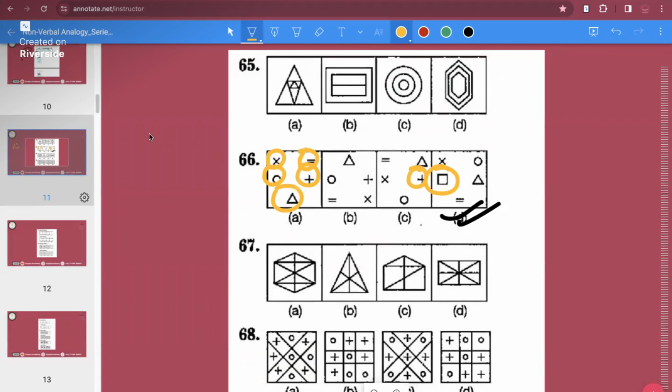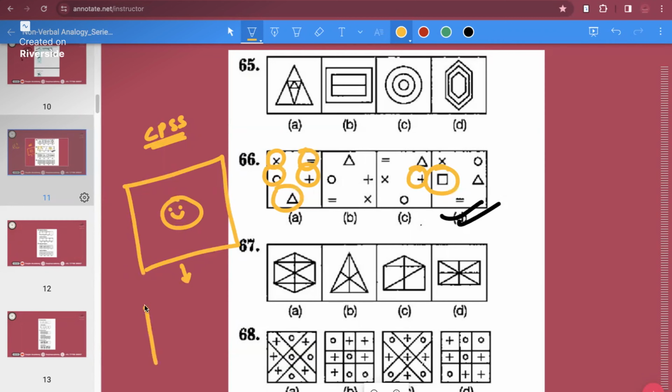Just wanted to mention to you, there will be a test in something called CPSS, the computerized pilot selection system. There will be a big screen, and on that screen they will show you an emoji, let's say this one. This will be the problem statement, and then there will be a next screen with many small emojis, let's say 1000 of them.